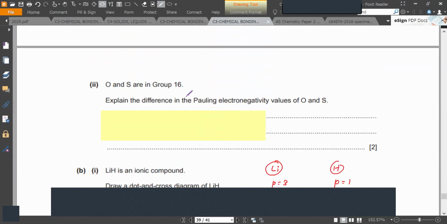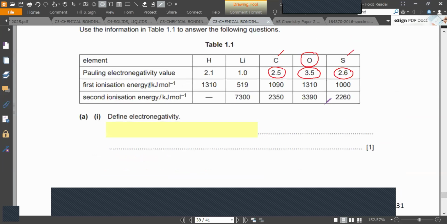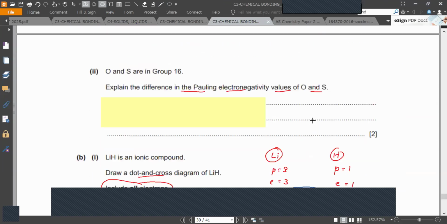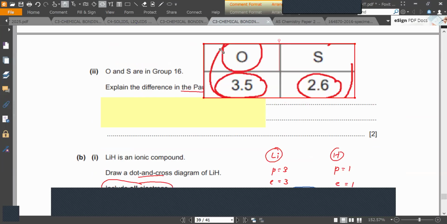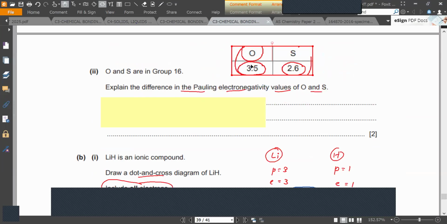Explain the difference in the Pauling electronegativity values between O and S. Why do oxygen and sulfur have different electronegativity values?